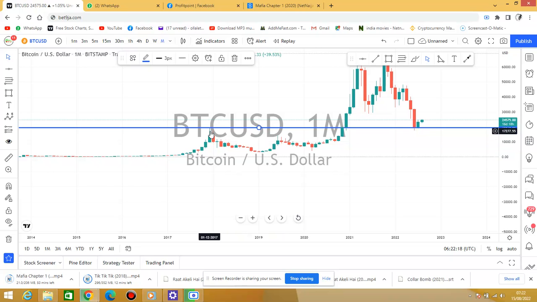This is 2017, 2018, to here, which is 2020. Around 2018, 2019, Bitcoin was around 13,000, and I think Bitcoin was around 8,000, around this level, 6,000, 8,000.